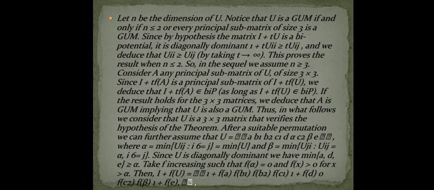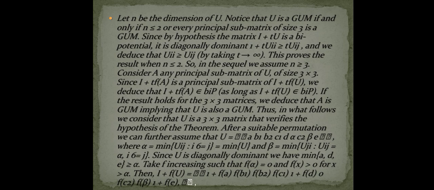Let n be the dimension of U. Notice that U is a GUM if and only if n is less than or equal to 2, or every principal submatrix of size 3 is a GUM.